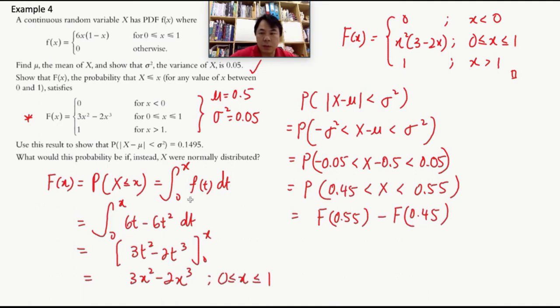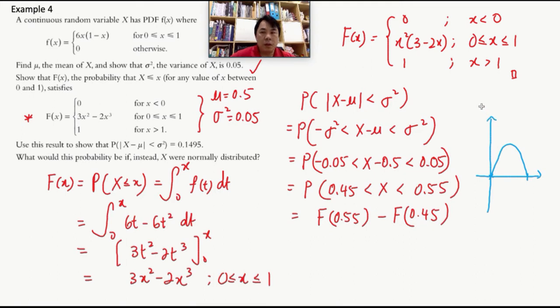Now, just a brief illustration as to what is going on here. Assuming that we have a graph here, this original PDF is actually a quadratic function. So when x passes through 0 and 1 here, it's lying between them as a negative graph here. Now most probably the function will look something like this.